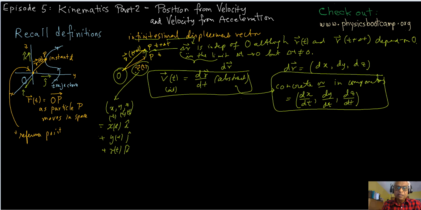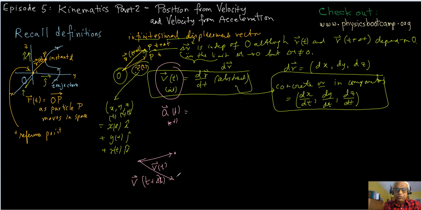Similarly, acceleration at some time t, in an abstract way, is how the velocity is changing. So we look at a velocity vector at some time t. Maybe the velocity vector at time t is like this, and the velocity vector at time t plus delta t looks like this.